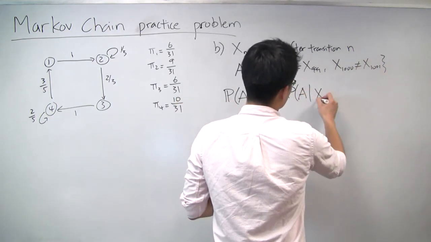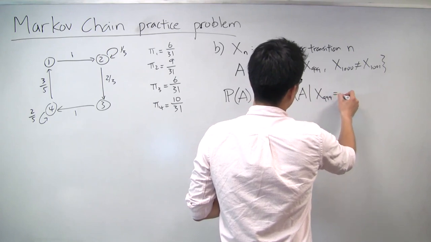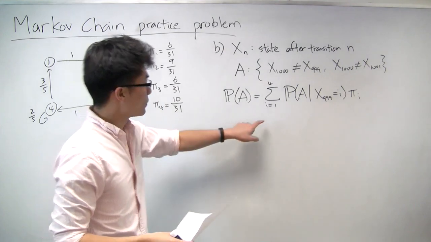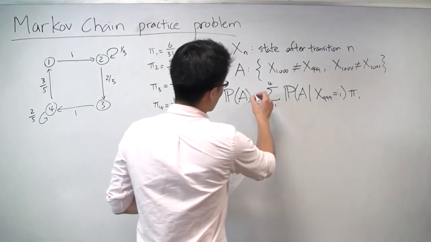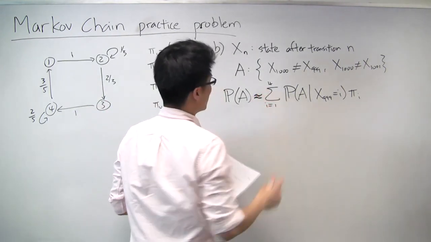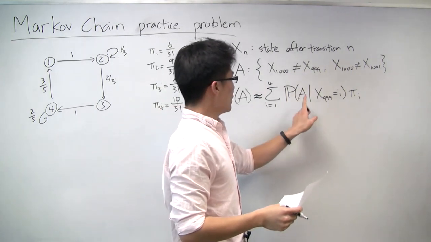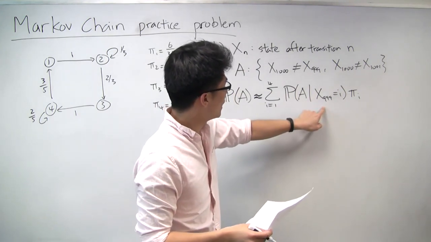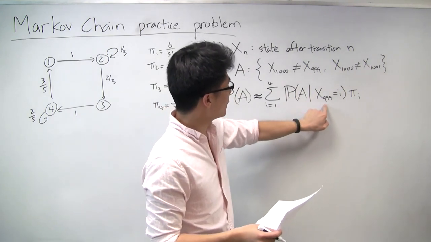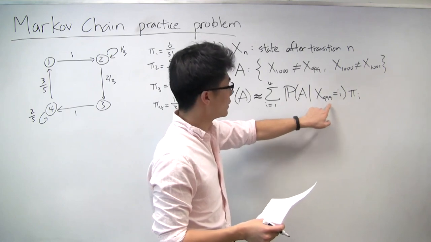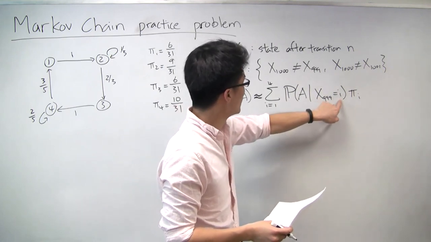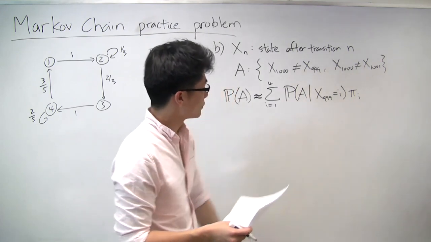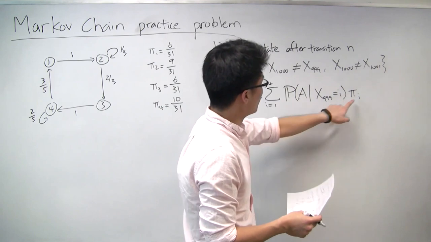To be technically precise, this is approximately equal to the probability that event A occurs, conditioned on the state after the 999th transition being state i, times the steady state probability that you're actually in state i.